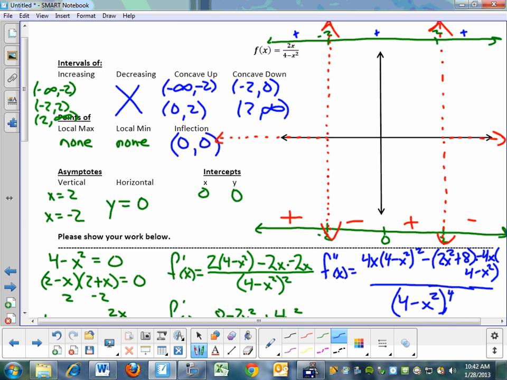If I am concave up and I am increasing, is my graph going to be in the top one or the bottom one? Top one. Let's go to the far right. If I'm increasing and concave down, am I going to be in the top one or the bottom one?